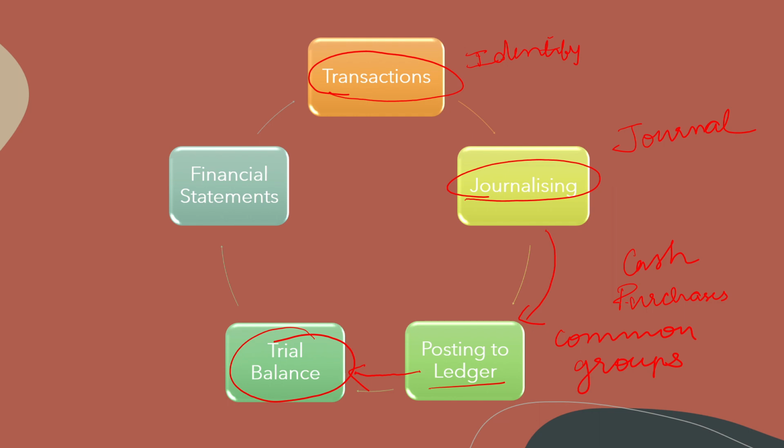And now finally we are going to post it in the financial statements. Financial statements can broadly be classified as trading, P&L and balance sheet, right? There are further additions to the financial statements, but these three are very important. The first one is the trading account.